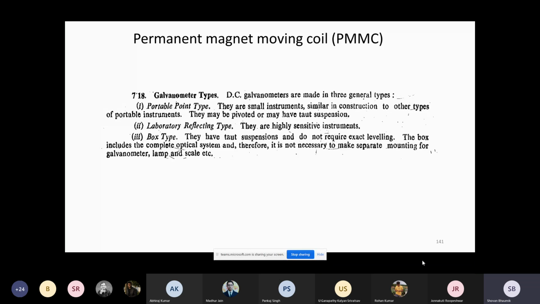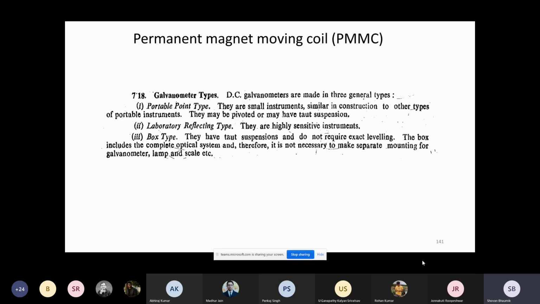And the laboratory reflecting type is not a portable type, but it is very sensitive, and we mount it in the laboratory. You might have seen this in the physics lab, with the mirror and the reflecting light. They are mounted on the wall. They are highly sensitive compared to the portable type, but you cannot carry it to some place where you want to measure.